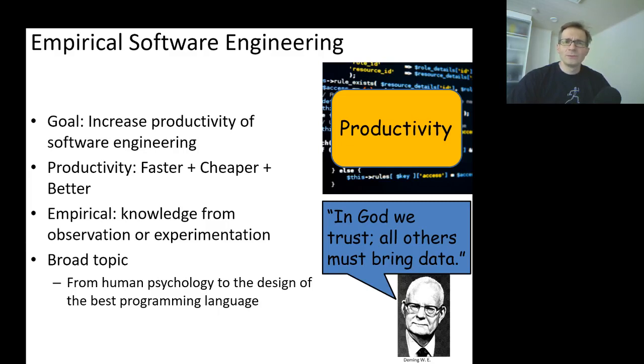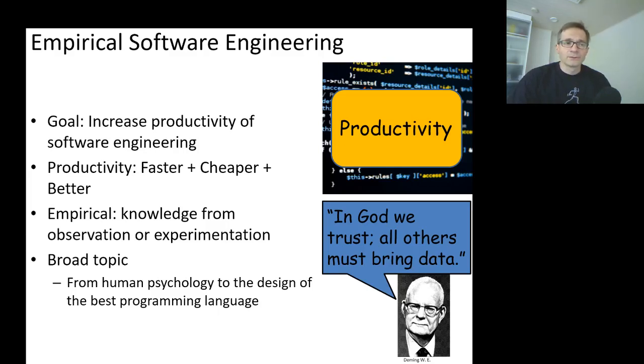He was one of the founding fathers of statistic-driven product development, or as we would now say, using data analytics in product development. Following from Deming, empirical means being data-driven. This data may come from experimentation, observation, or statistical sampling.